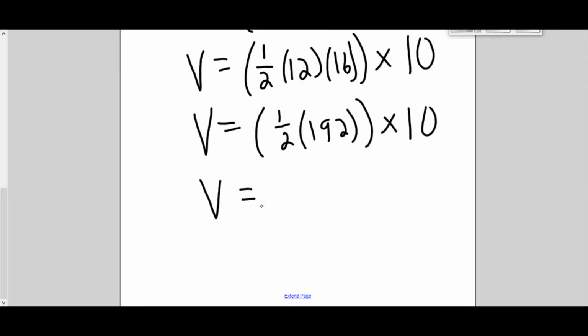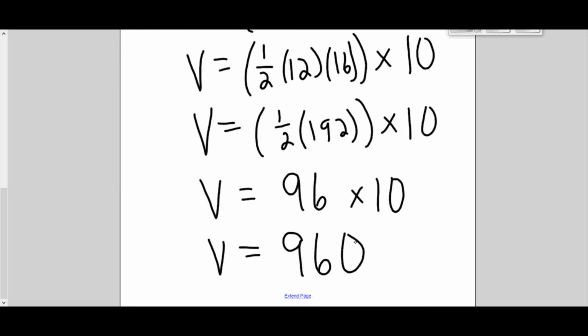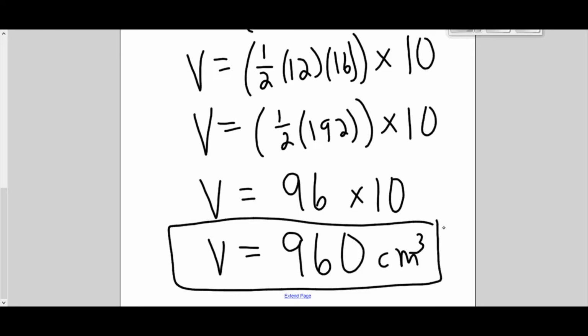So the volume here is 96 times 10, which 96 times 10 is 960. So it's 960, and this was centimeters cubed, I believe. So 960 centimeters cubed for this one. So if you need, pause the video and go ahead and make sure you got this one copied down.